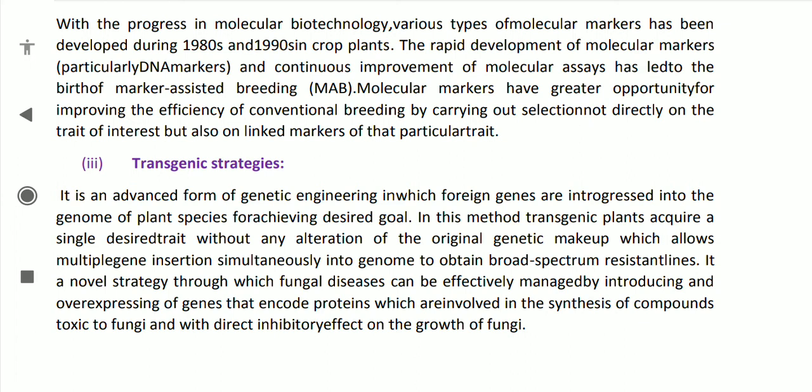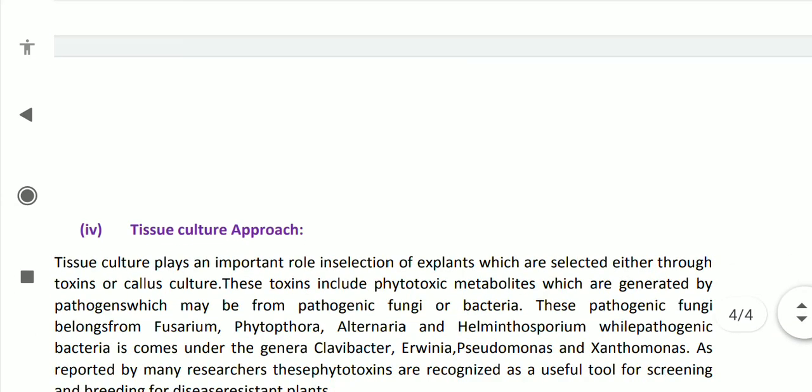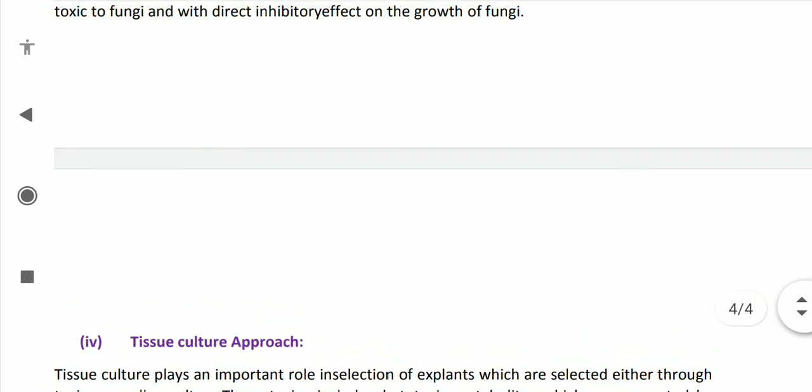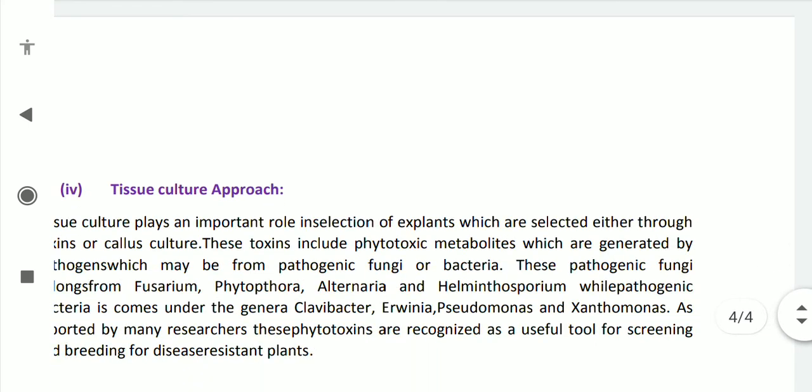It is a novel strategy through which fungal diseases can be effectively managed by introducing and overexpressing genes that encode proteins involved in the synthesis of compounds toxic to fungi and with direct inhibitory effect on the growth of fungi. Thus, we have seen the genetic engineering or transgenic approach for the development of disease resistant plants.